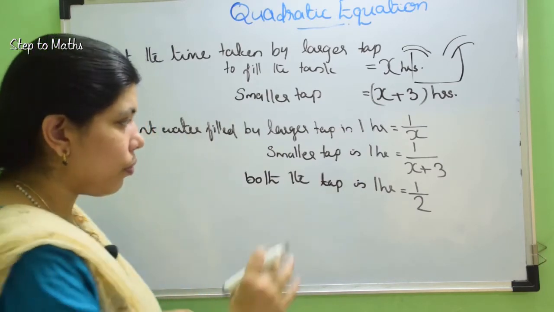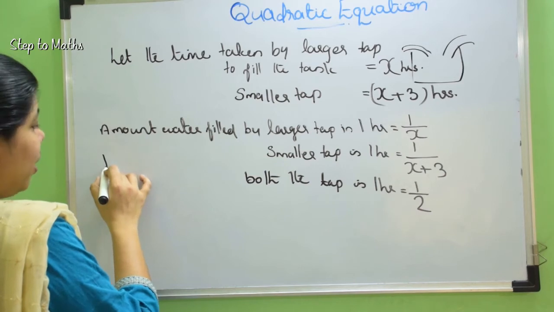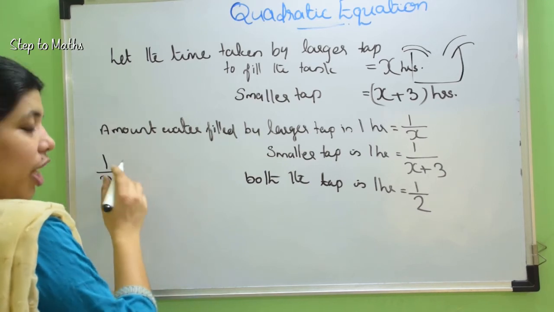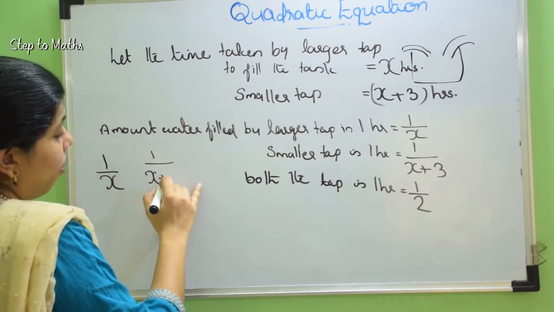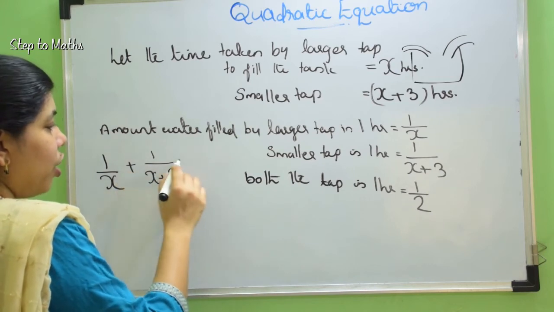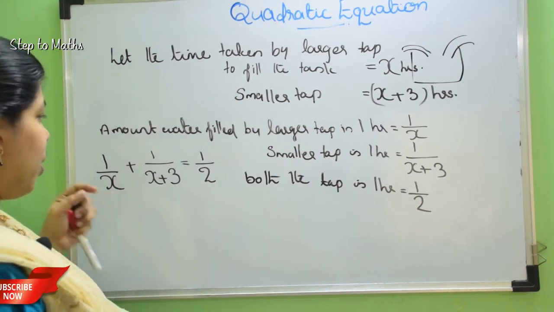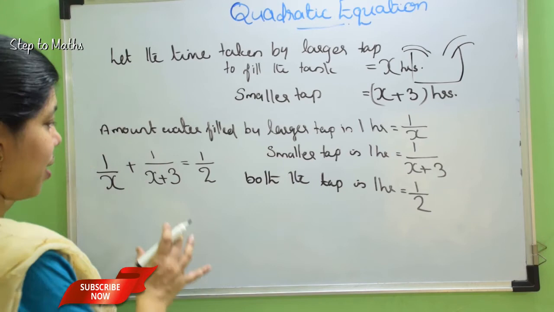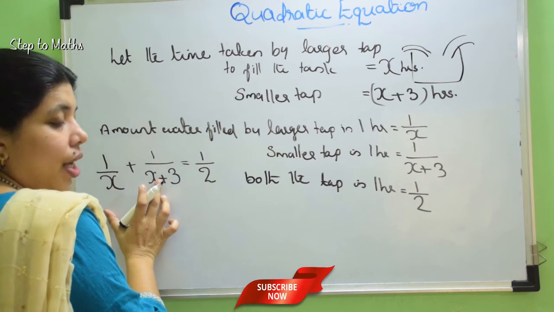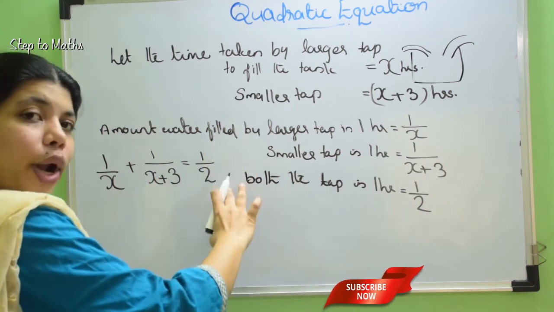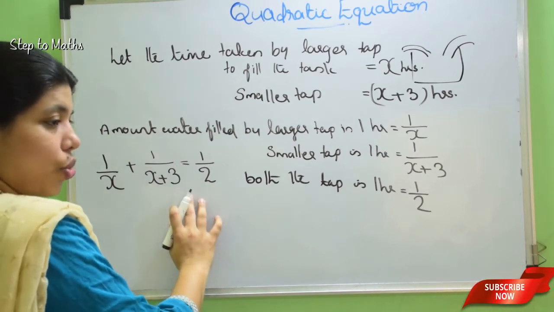We can represent this relation as: in 1 hour, the larger tap takes 1 by x, the smaller tap takes 1 by x plus 3, and together they fill 1 by 2. So 1 by x plus 1 by x plus 3 equals 1 by 2. This is the information given in the question that we represent here.